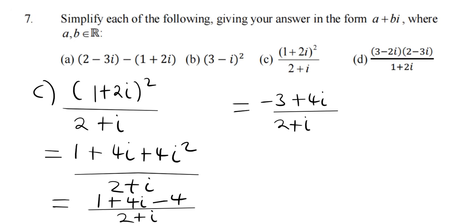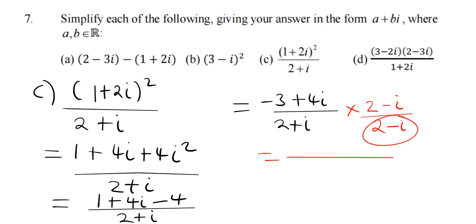Now that we've got this, I'm going to multiply by the conjugate of the denominator. So I'm going to have 2 minus i, 2 minus i. Then I solve. The way we've been doing surds, I'm going to just get the one with the negative and square it.